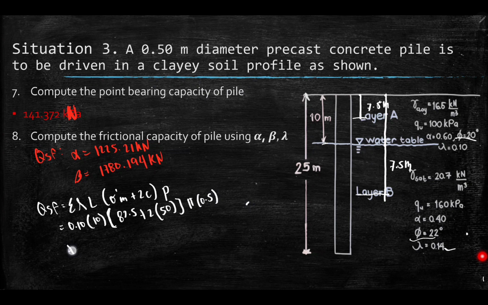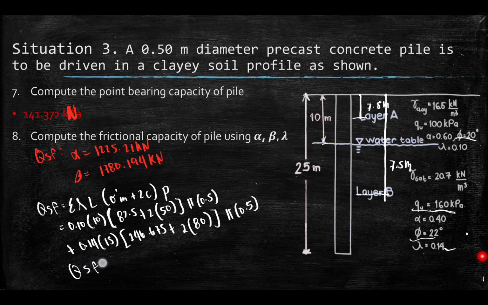Again, kukunin din natin yung frictional capacity sa soil layer B. Sa soil layer B, we have given naman na lambda, which is 0.14 times yung length niya times sigma prime M, which is nakuha kanina na 246.675 plus 2 times kalahati ng QU na to, yun yung ating cohesion, therefore kalahati ng 160 is 80, and we have the perimeter na pi times the diameter.